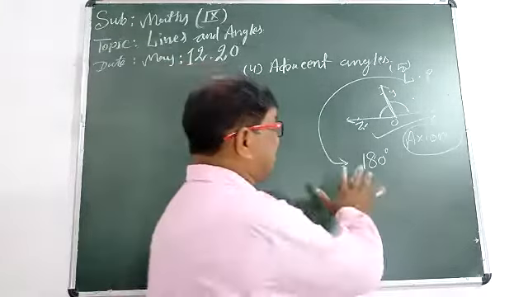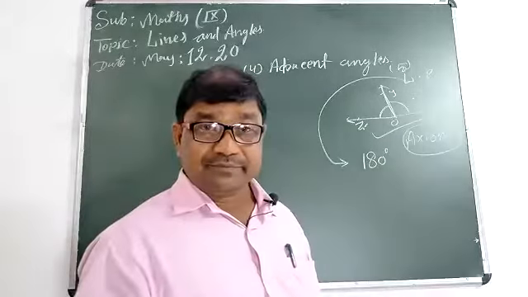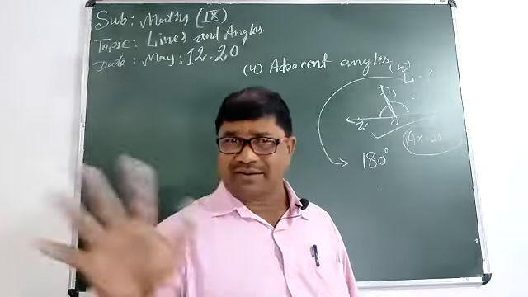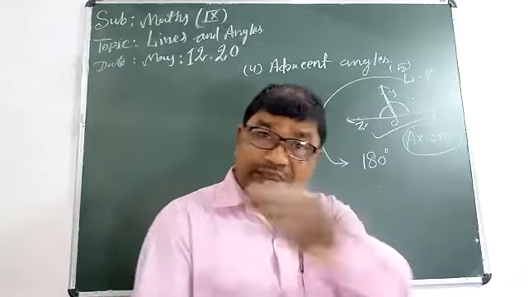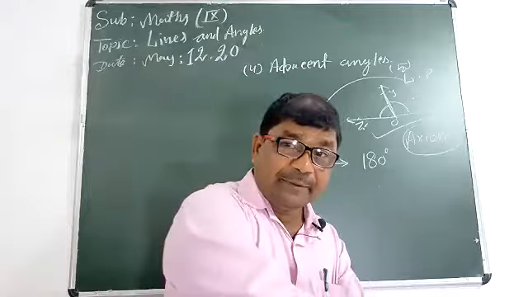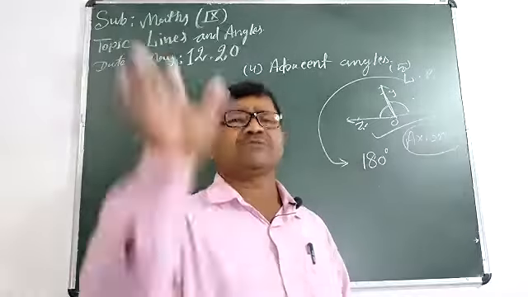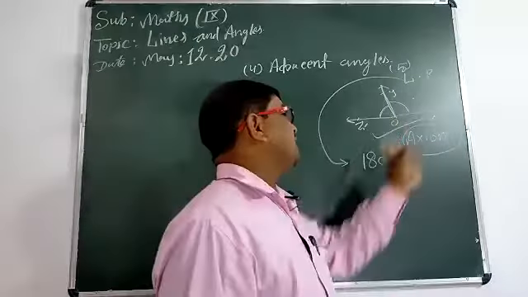Understood the axiom, understood the adjacent angle. This is a pair of adjacent angles, but a special name is given by Euclid because the sum of these two angles is accurately 180 degree. So that is called the linear pair axiom.